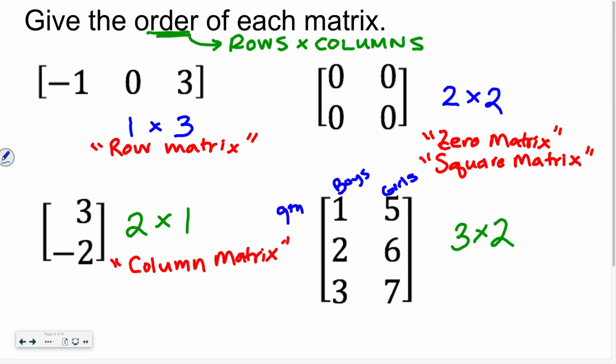Maybe I have my 9th graders, my 10th graders, and my 11th graders. And that provides meaning to my entries, right? The entry in the second row, second column, 6, means that I have 6 10th grade girls in a class. So it's a really awesome way for us to organize data and then to perform operations with that data. You could see why this would be super helpful. You've maybe used Excel, so you might know.